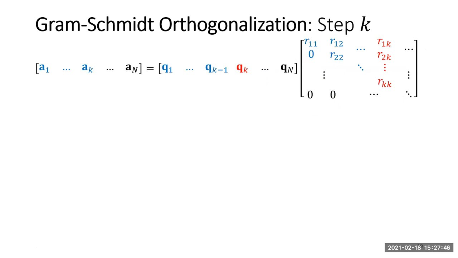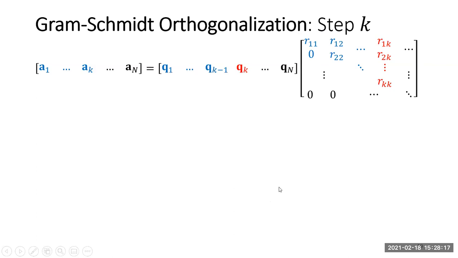So now I am in the kth step of my Gram-Schmidt orthogonalization. At the kth step, since I'm moving from left to right, I have solved Q1 through Qk minus 1, correct? And I already know these values. On all the first k minus 1 columns of this matrix, I also know these values, right?